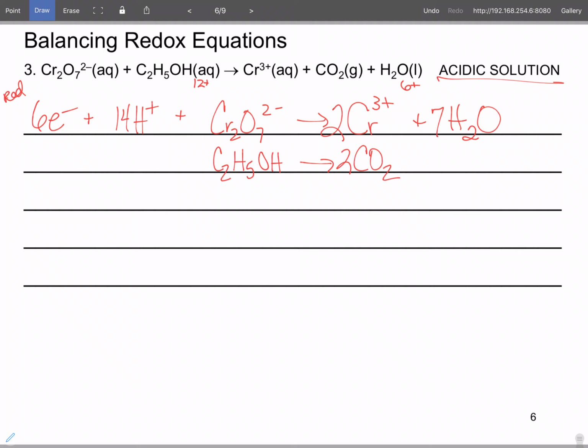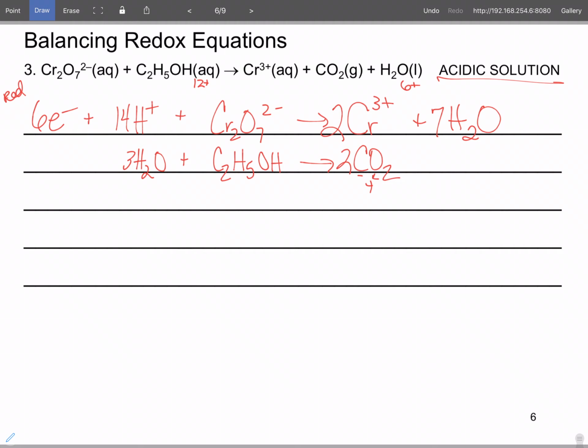But wait a minute, I've got 4 oxygens over here. I only have 1. The only way to add oxygens is to add water. So if I have 4, I need to add 3 waters, because 3 oxygens plus 1 oxygen will give me 4 oxygens on that side. So now let's go back and look at our hydrogens. So we have 6 and 6.